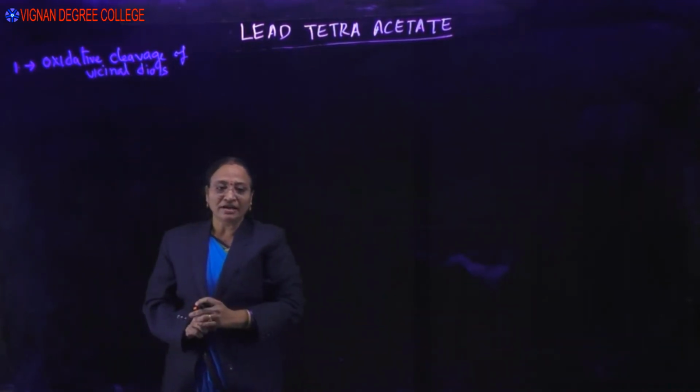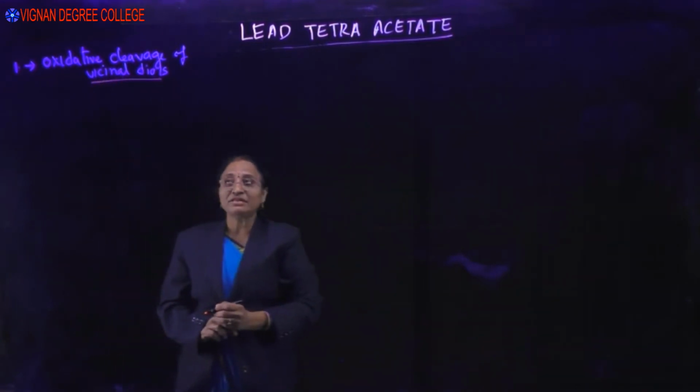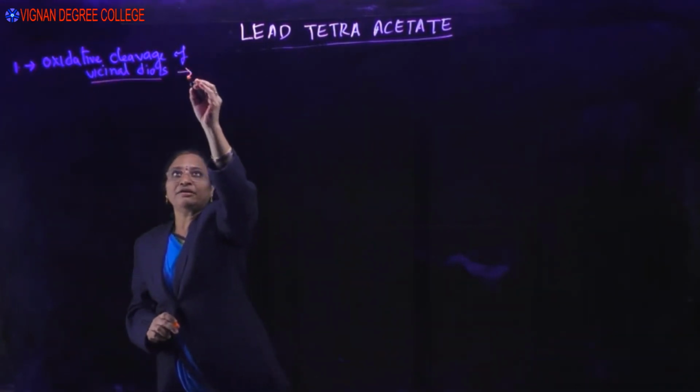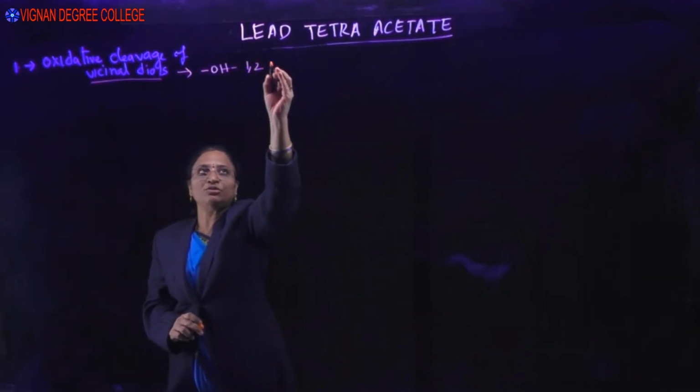What are vicinal diols? Vicinal diols are diols containing hydroxy groups at adjacent positions, or 1,2 positions.